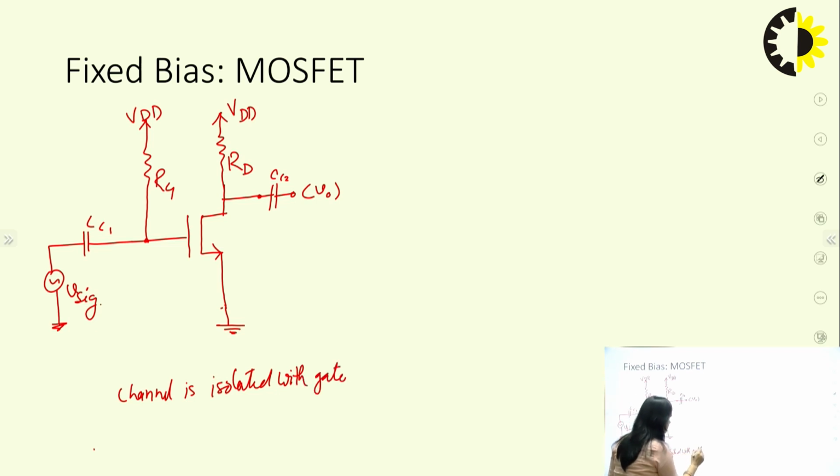That means there is a dielectric in between, that is SiO2 in between channel and the gate. So there is no current conduction from channel to gate. So gate current is always 0 in case of MOSFET. This is the simple rule, that Ig equals 0.